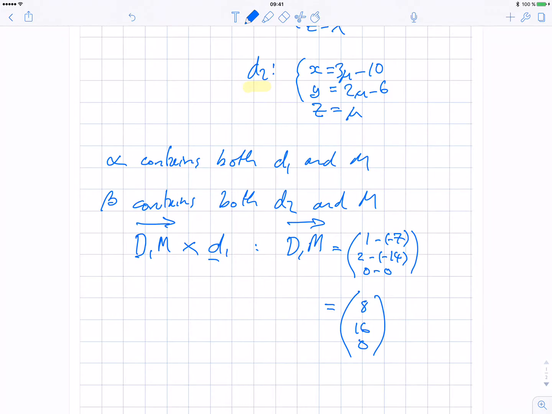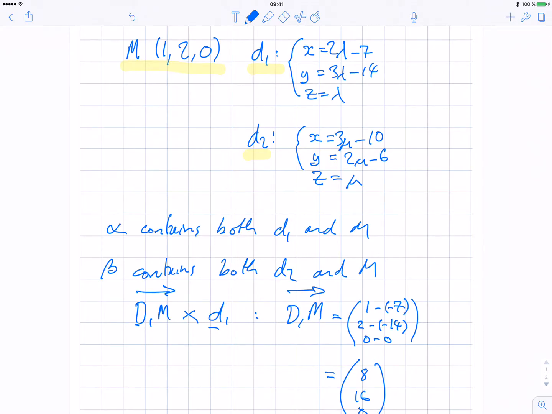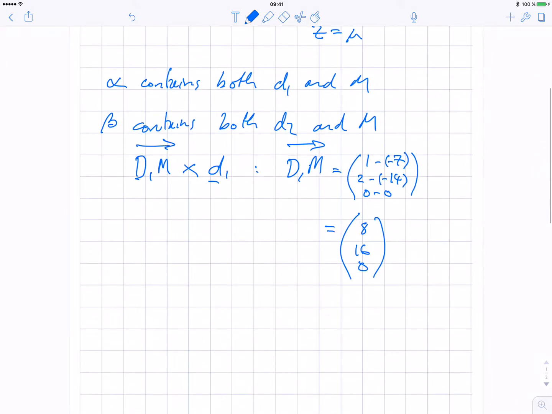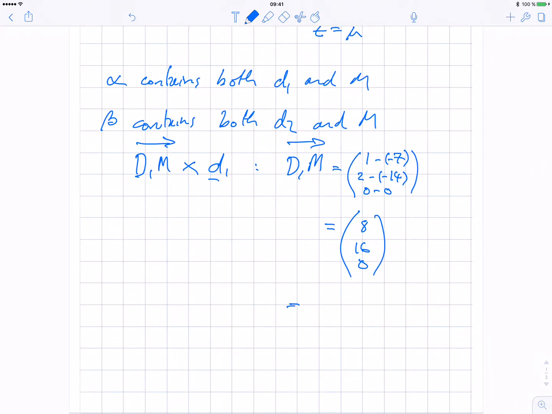We can do this because we know that the plane alpha contains all of D1, and we know that a point in D1 is (-7, -14, 0). This can therefore be simplified to 8 times (1, 2, 0).